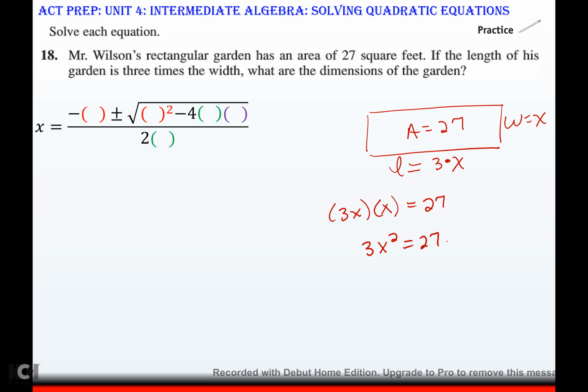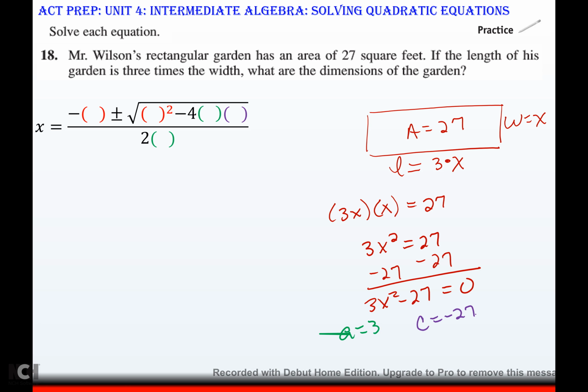This is not in quadratic form, so I'm going to minus 27 on both sides. I get 3x squared minus 27 equals 0, which means a is 3. 27, that has to be c.